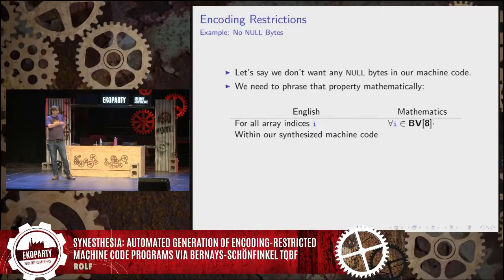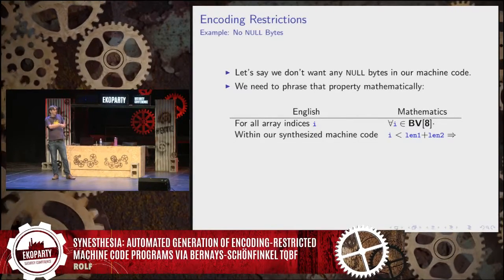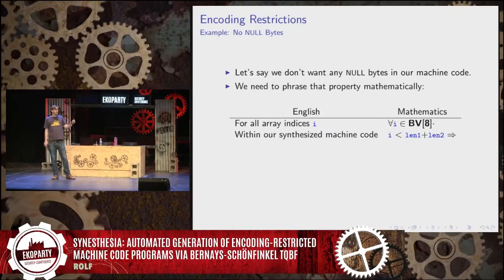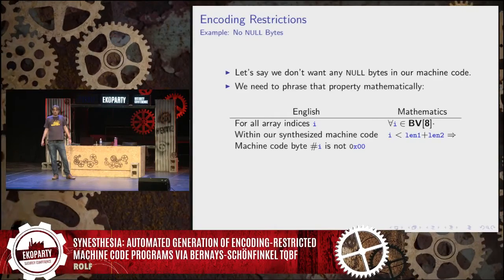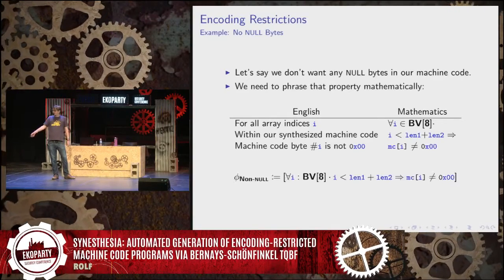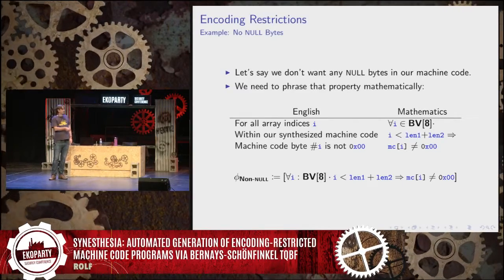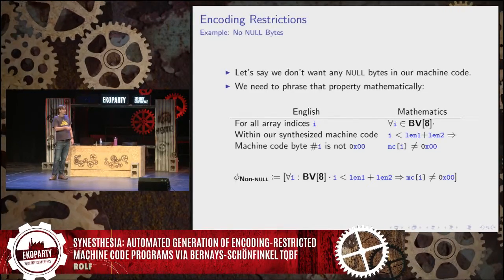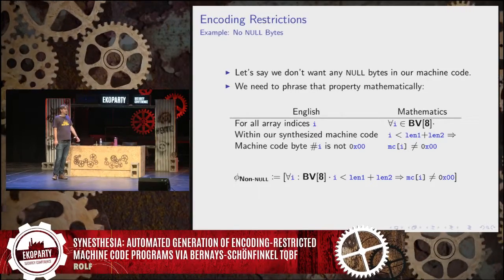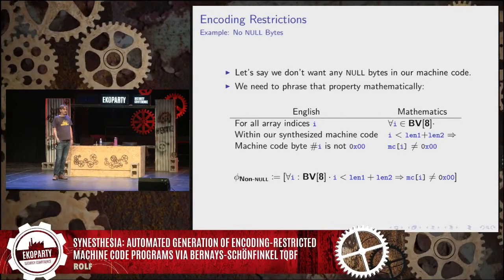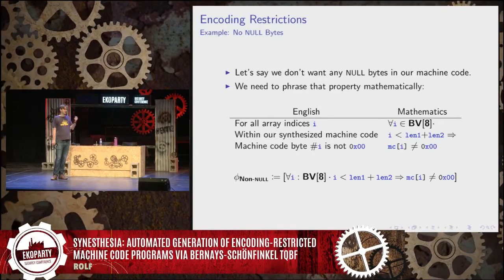For all array indices within our synthesized shellcode, so if I is less than the first instruction's length plus the second instruction's length, then that machine code byte is not 0. So MCI not equals 0. So in total, the formula that we see is the formula at the bottom of the slide. If we add this on to any synthesis formula involving machine code, it's going to give us machine code where none of the bytes are 0.